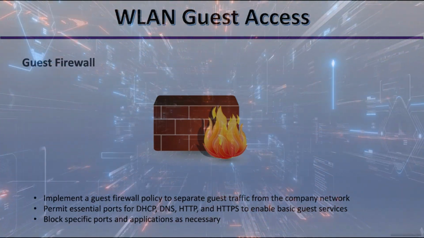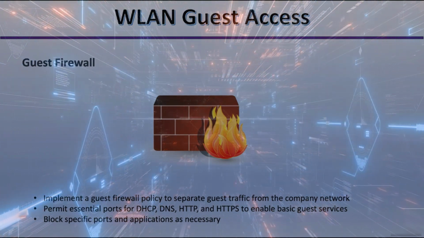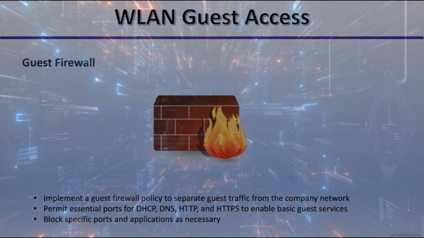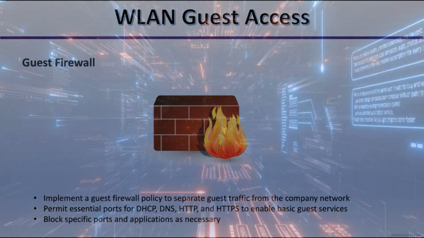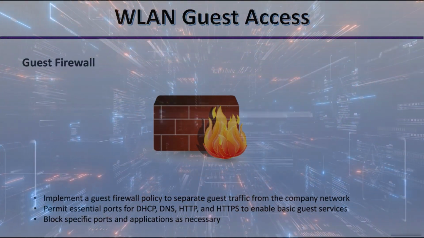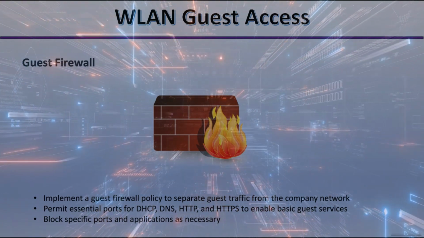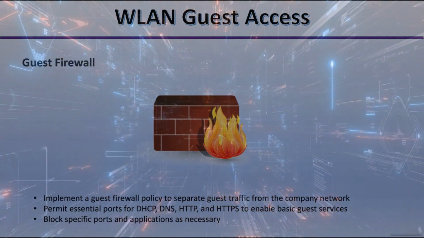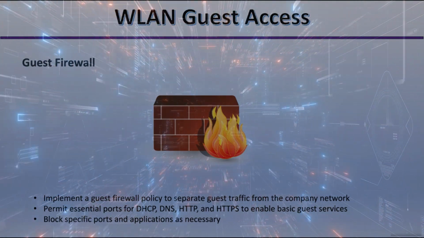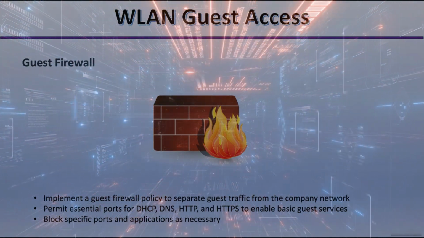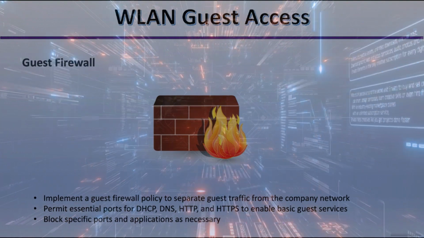Now, these ports allow guest devices to get an IP address, perform DNS queries, and browse the web. Additionally, if employees are required to use a secure VPN connection when connected to an SSID other than the company's, it's recommended to permit IPsec IKE UDP port 500 and IPsec UDP port 4500. The guest firewall policy can actually be more restrictive based on company policies.